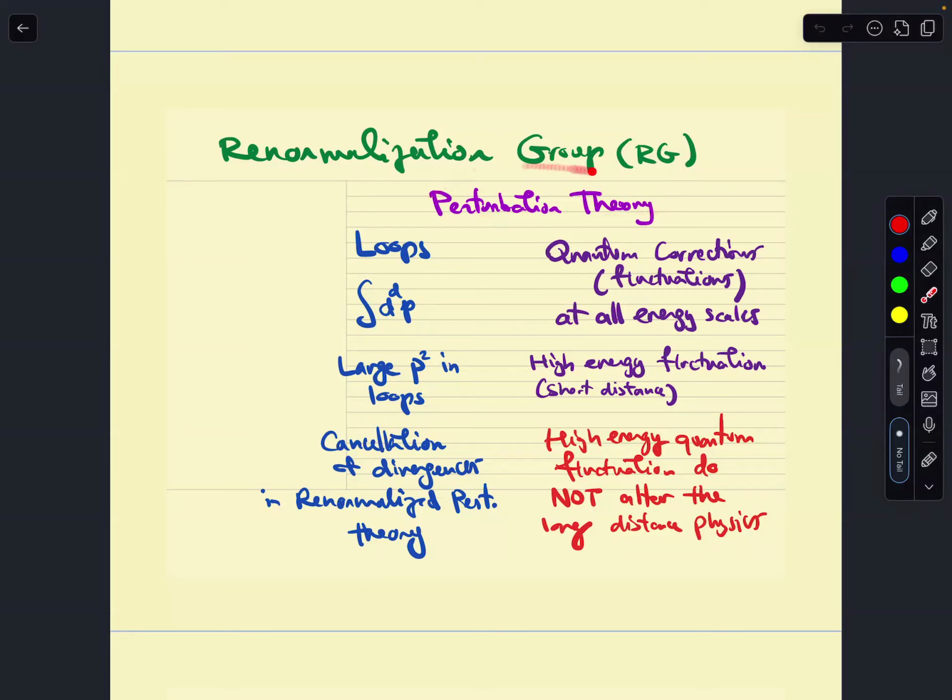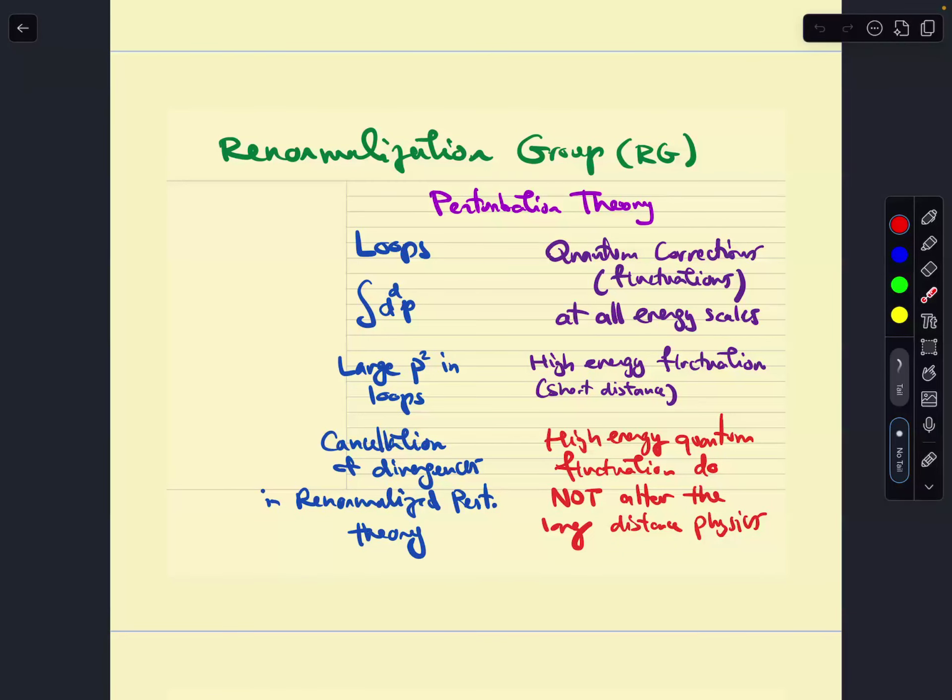Remember in perturbation theory, in the language of Feynman diagrams, we had loops in Feynman diagrams. These had to do with quantum corrections or fluctuations. Every time we had loops, according to the Feynman rules, there would be an integral over momenta that run in the loop. These momenta contribute at all energy scales.